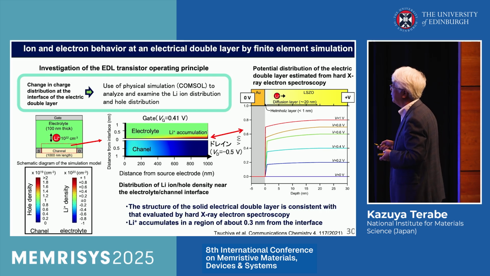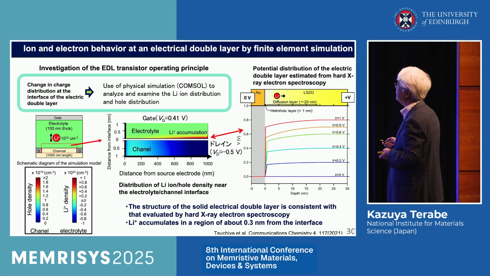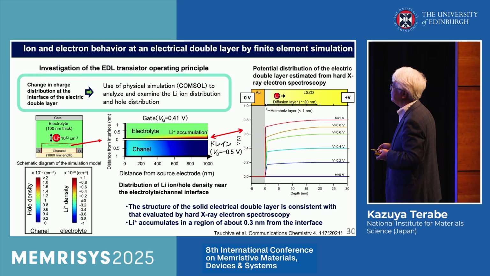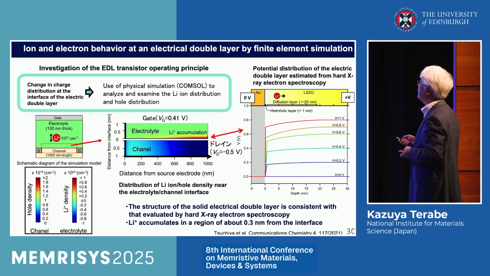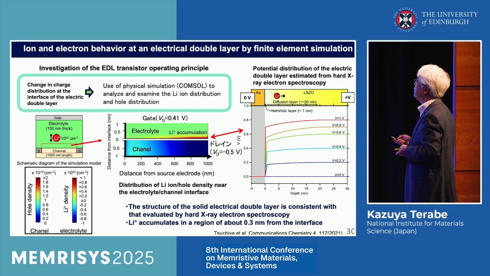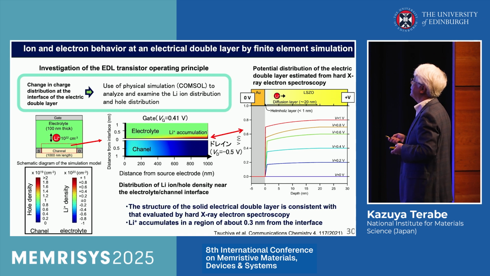This is a model. This is the electrolyte, and this is the channel, with the interface here. This is the lithium concentration, and this is the hole density in the channel. In this simulation, the thickness of the electric double layer is about 0.3 nanometer.